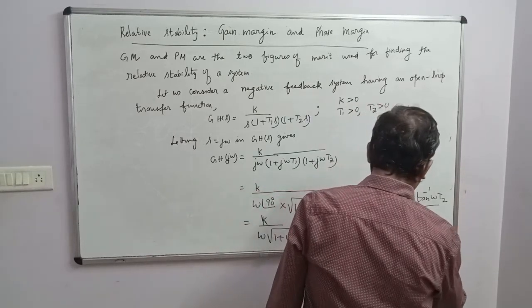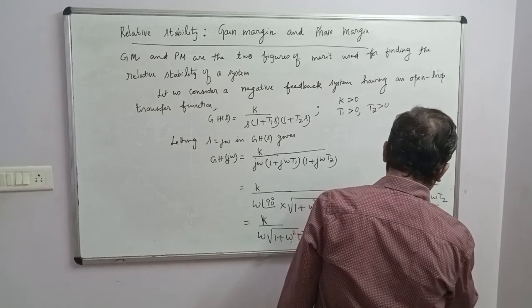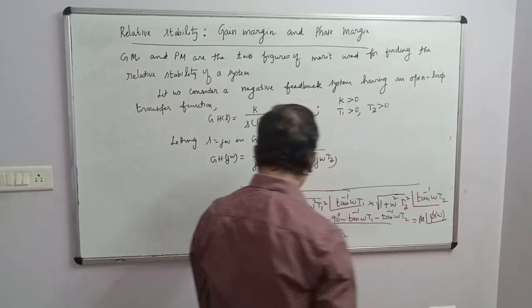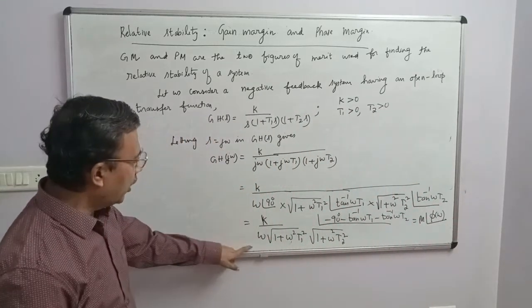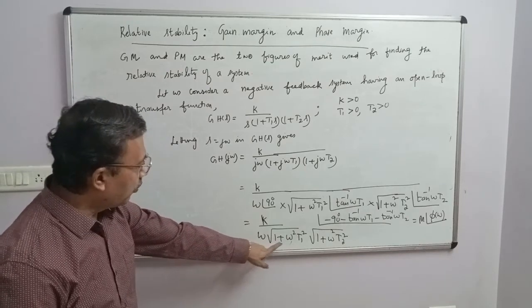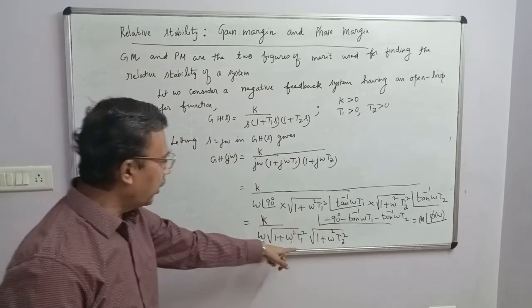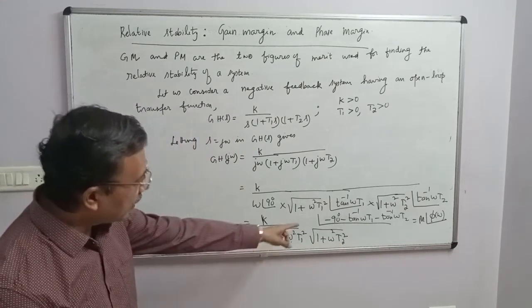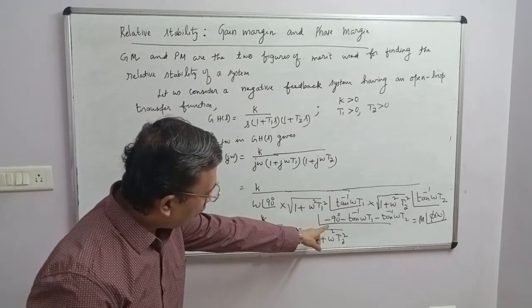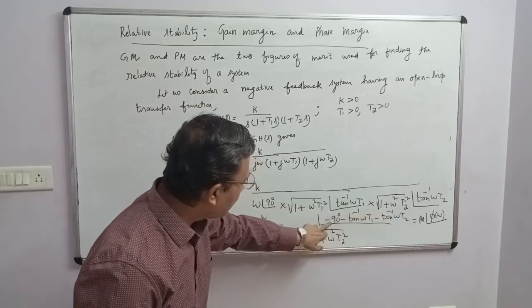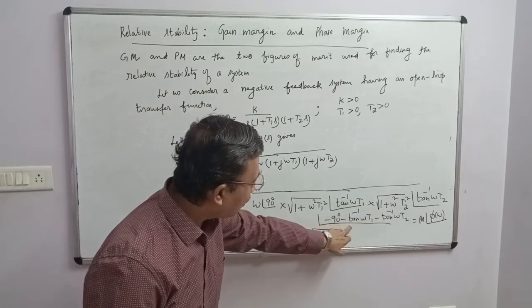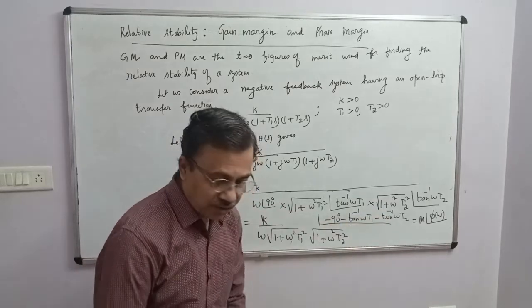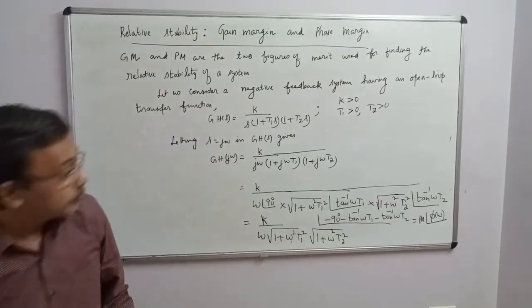This is like M at an angle phi of omega, where M is K divided by omega into square root of 1 plus omega square T1 square into square root of 1 plus omega square T2 square, and phi of omega equals minus 90 degrees minus tan inverse of omega T1 minus tan inverse of omega T2.